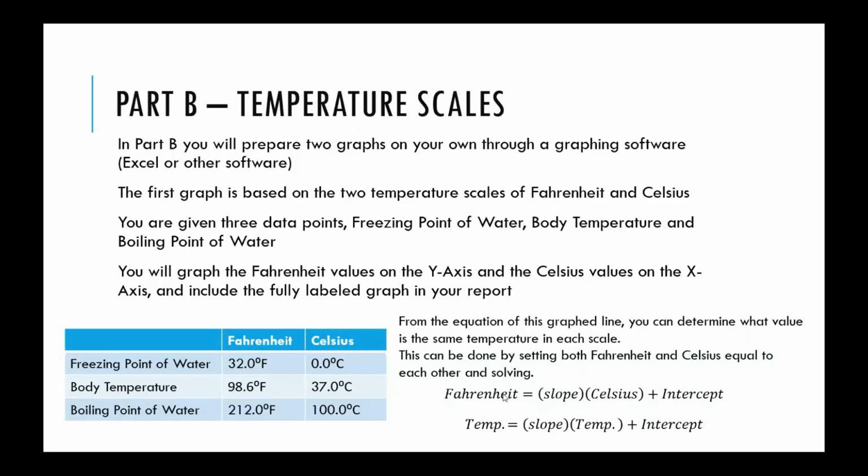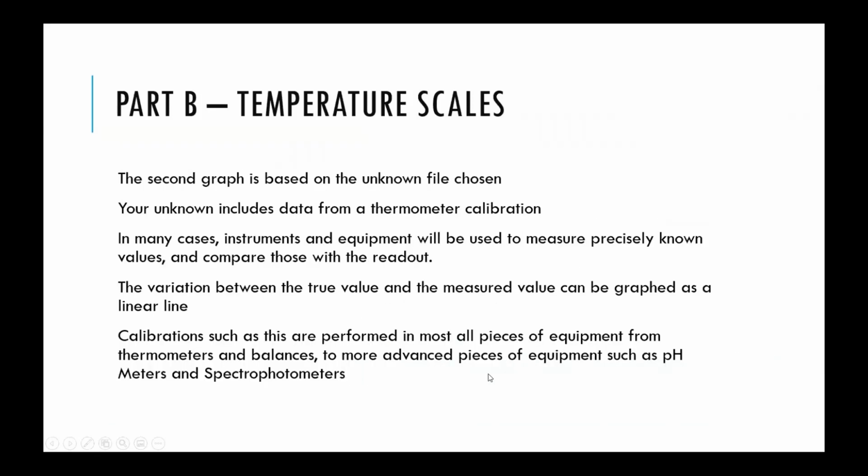The second graph that you're doing in Part B is looking at thermometer calibration. When looking at a thermometer, it is not always exact. These are manufactured devices, either glass thermometers or digital thermometers, that need to be adjusted from time to time, or at least compared to tried and true 100% physical temperatures.